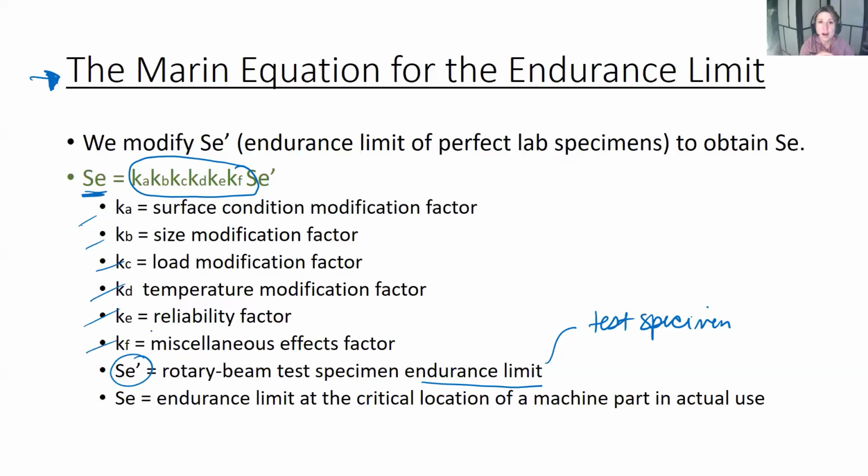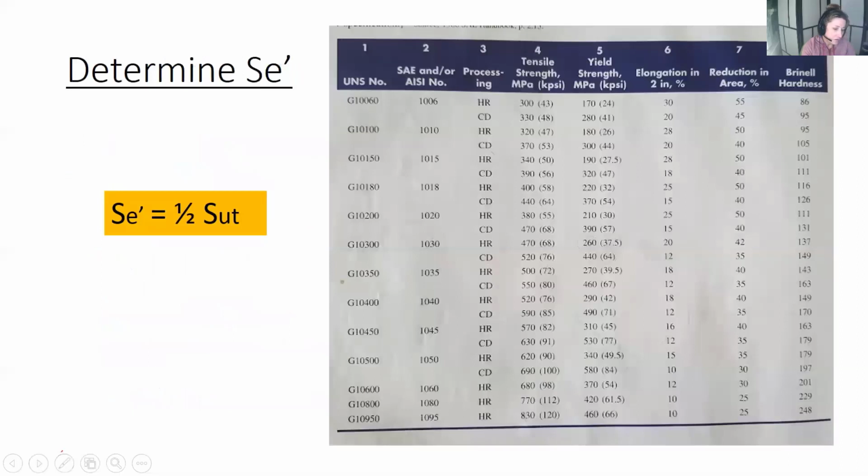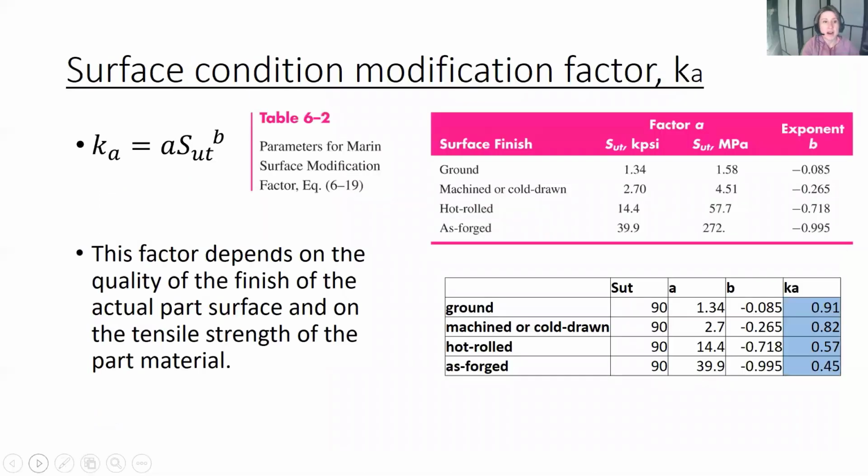And so you need to figure out each of those components individually and multiply them by Se prime to get the modified endurance limit. So the first step in these problems is determining Se prime, and that's a simple calculation. That is just 1/2 Sut. And then you go through all the factors.